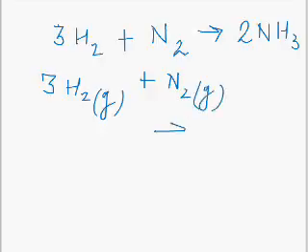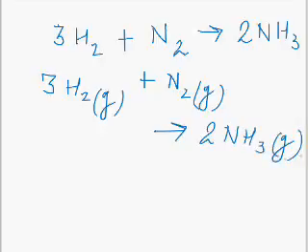It will give twice NH3. This is also in gaseous phase. So this is our balanced chemical equation, and it is also more informative because it is with state symbols of all the reactants and products.